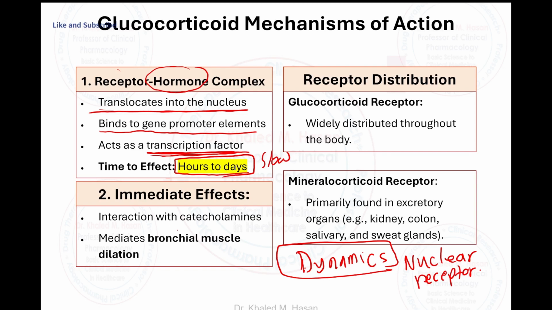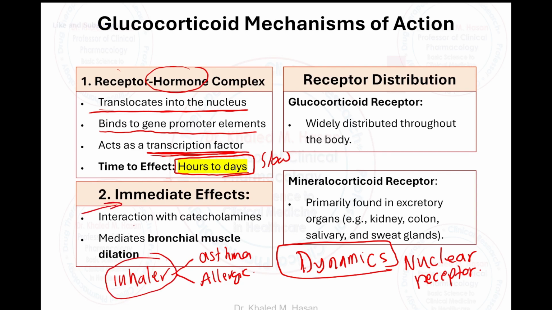We have something called immediate effect. So normally, as you remember, we have inhalers for patients suffering from asthma, or allergic rhinitis, for example. When you use this inhaler, the effect will be immediate. So what happened here? They found that corticosteroids interact with catecholamines and affect the site of action immediately, such as the bronchial tree or the upper respiratory system. Regarding the glucocorticoids, we have receptors for glucocorticoids widely distributed throughout our body.